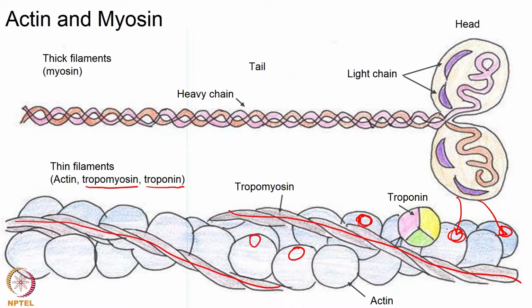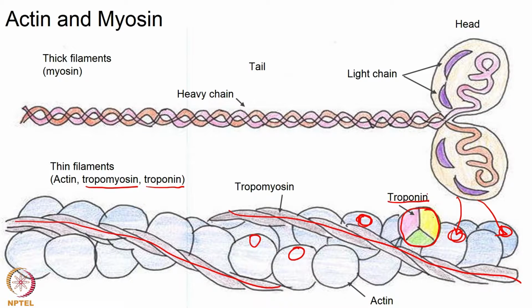So, basically the tropomyosin in its normal state will cover the binding sites of the actin filament, and on the tropomyosin you have another protein called troponin.